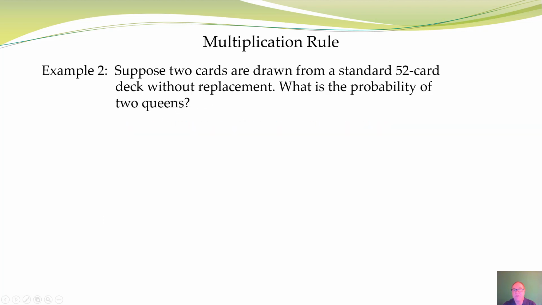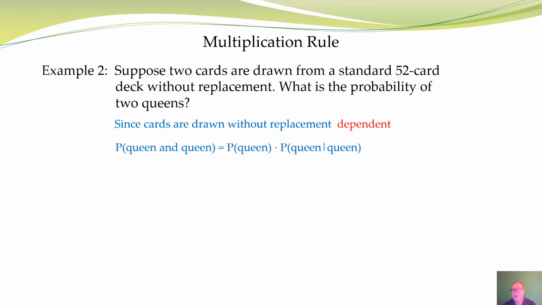Okay, example 2. Suppose 2 cards are drawn from a standard 52 card deck without replacement. What is the probability of 2 queens? Again, drawn without replacement means they're dependent. Now, probability queen and queen equals probability of queen times probability queen given the first card was a queen. So it's 4/52 times 3/51.